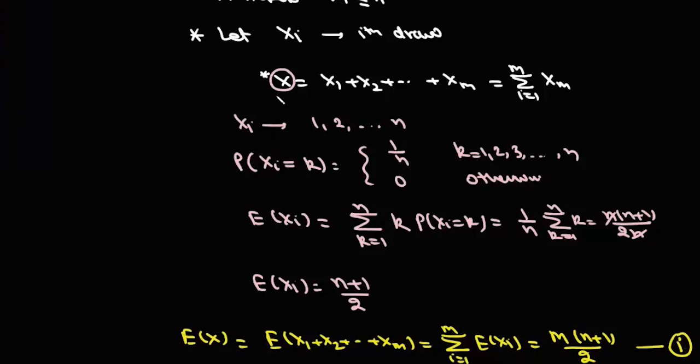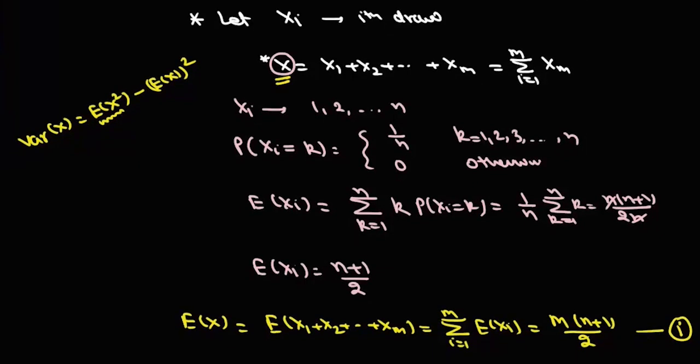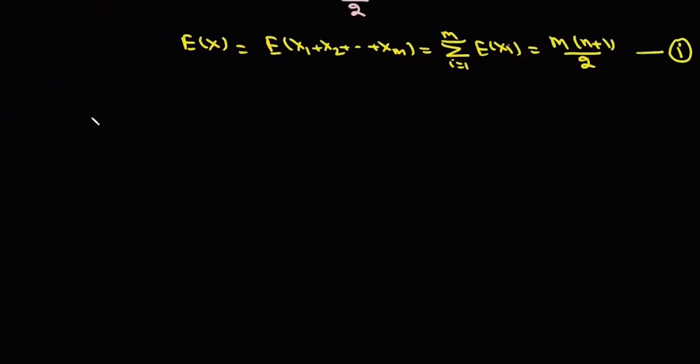Now we have to find variance of this X. Now we know that variance of X is expectation of X square minus expectation of X whole square. So here we have to find this term, expectation of X square. So what we are looking at is expectation of X square. And what is X square?